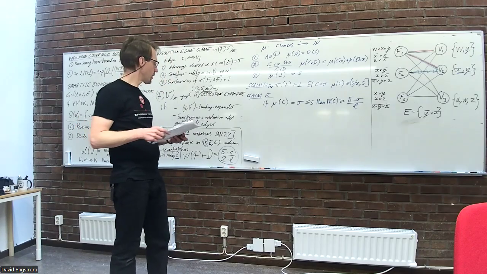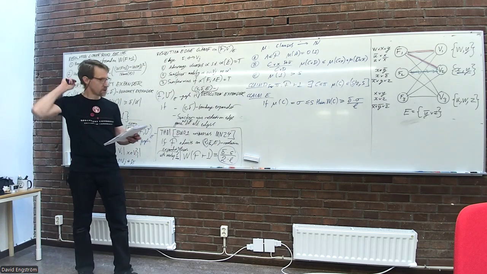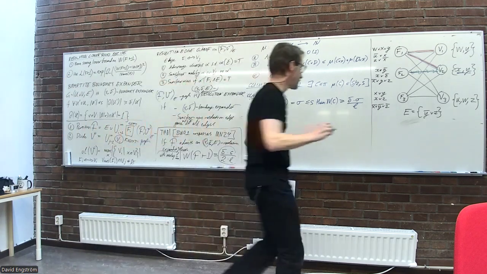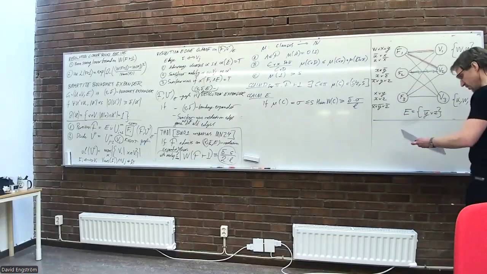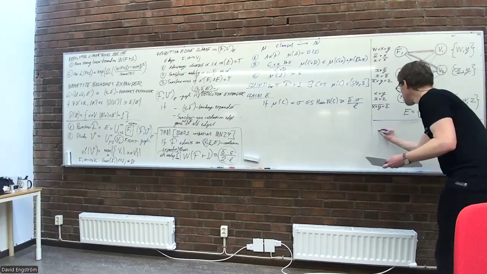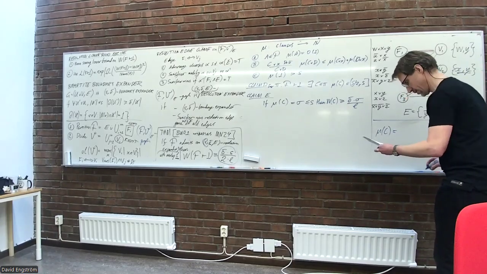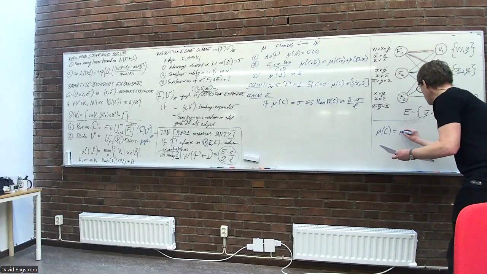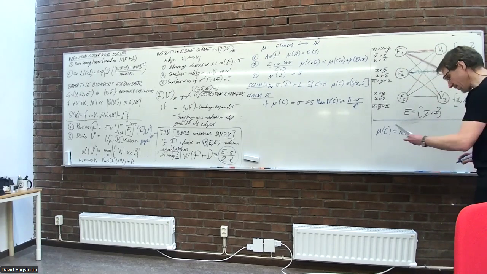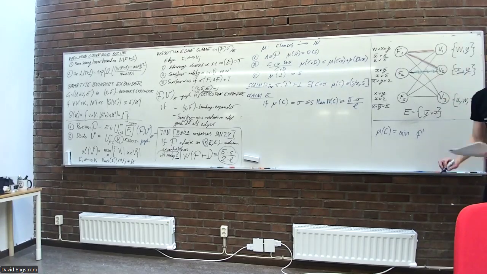So if I can do this, then I've proven the theorem. So let me tell you what the complexity measure is. So the complexity measure of C is going to be, I'm going to look at all left-hand sides F prime.